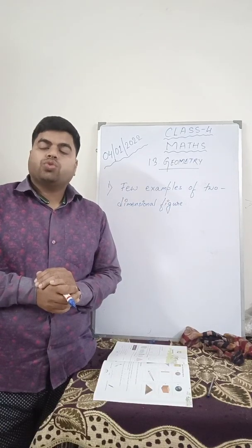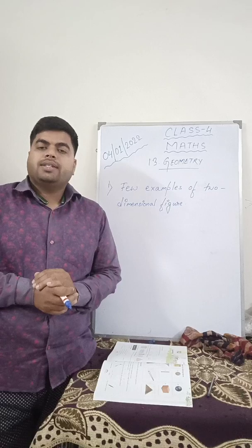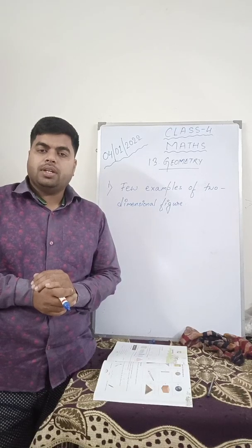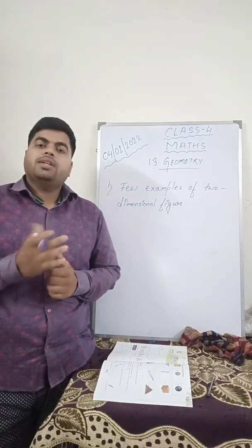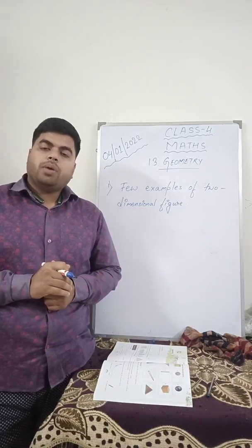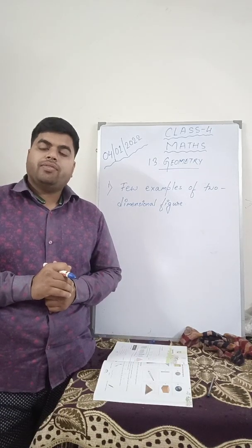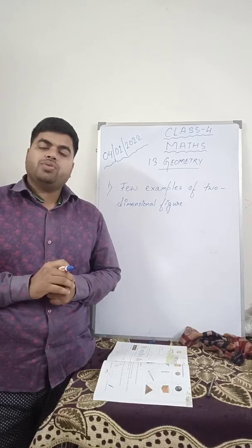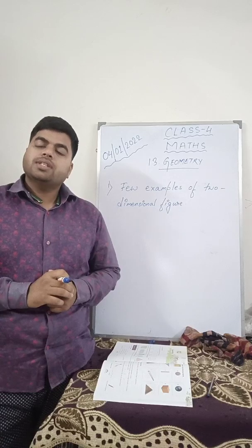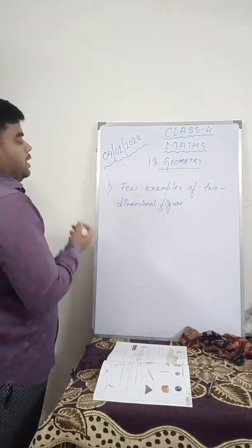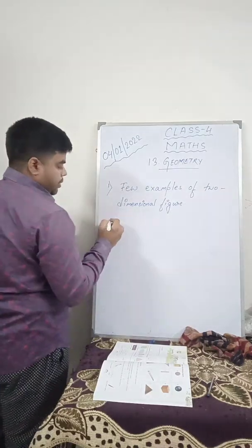That means square, rectangle, triangle, they are two-dimensional. You can see them in two different sides. And when you talk about three-dimensional, you can have a view of those figures from three different angles, three different sides. So let us first write few examples of two-dimensional.